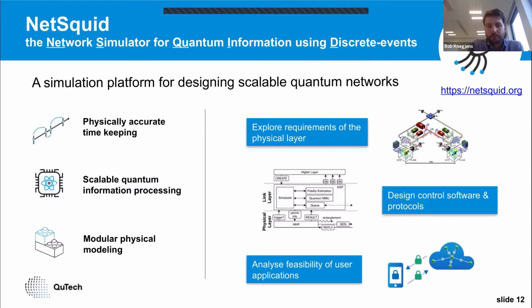And we aim for it to be useful across the entire quantum internet stack. So to be able to use it at the physical layer to explore requirements, use it to design and validate protocols and control software, and ultimately be able to answer questions about the feasibility of specific user applications.